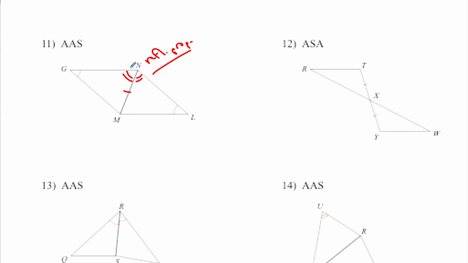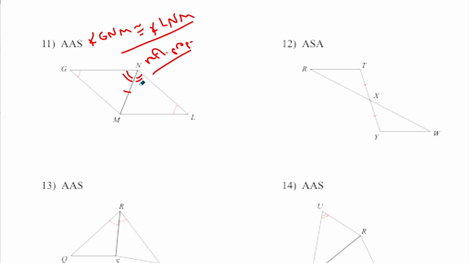So could you say that this angle here is congruent to that angle? You could. In other words, you could say that angle G and M, in this case you have to use 3 letters, you don't have any choice, is congruent to angle L and M. That's one way, right? What's another way, though?